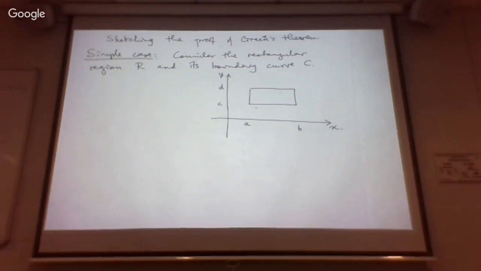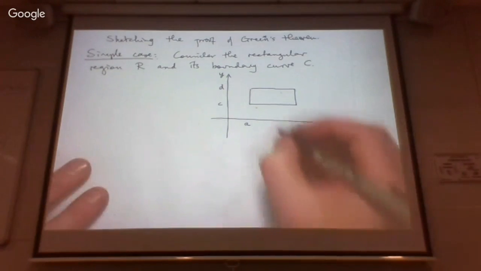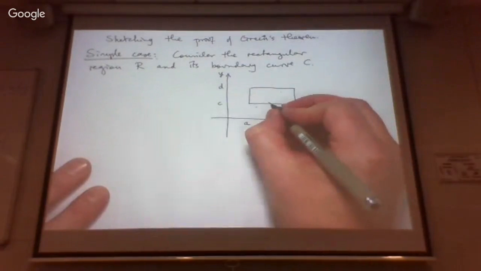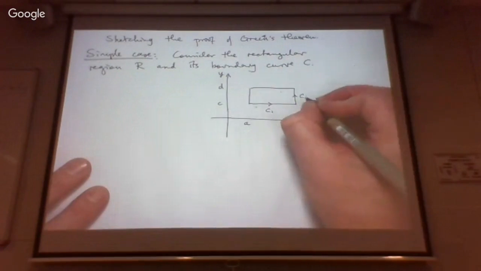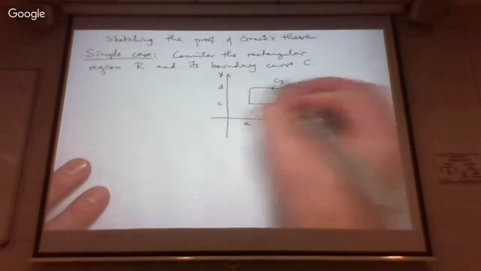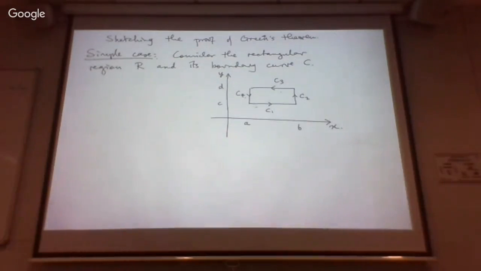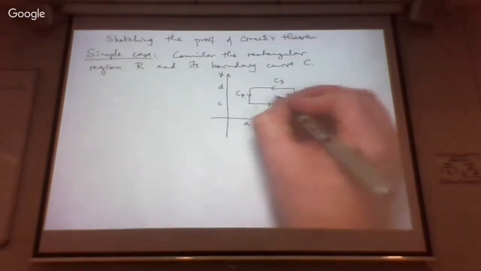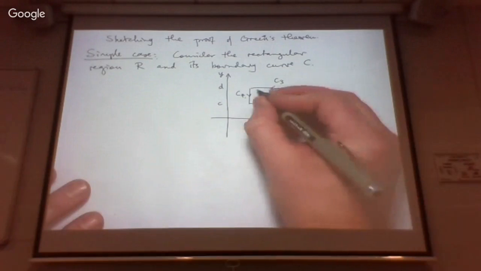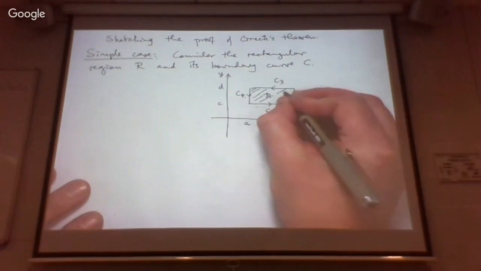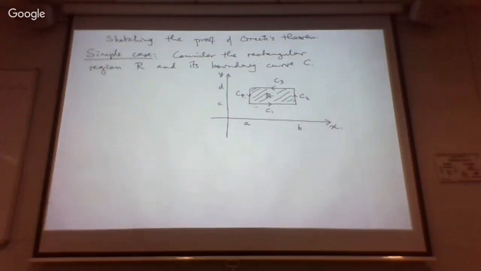So its sides are parallel to the x and y axes respectively, and it goes between two limits, a and b on the x-axis, and c and d on the y-axis. C is the whole boundary curve, but we'll split it up into its components C1, C2, C3, and C4. C being the entire boundary curve. So the region R is the inside of this rectangle.